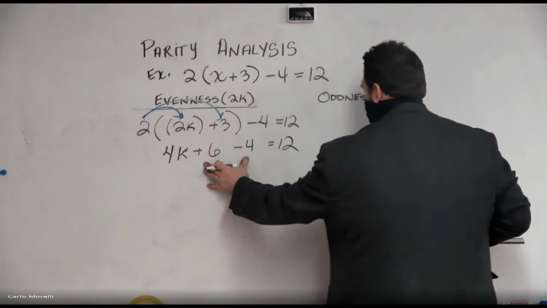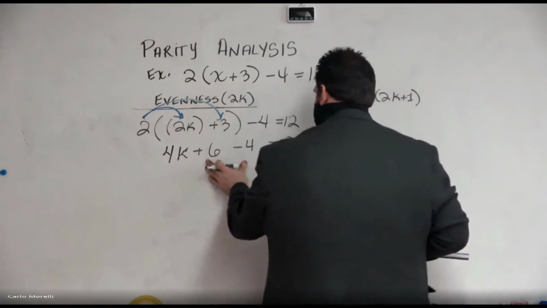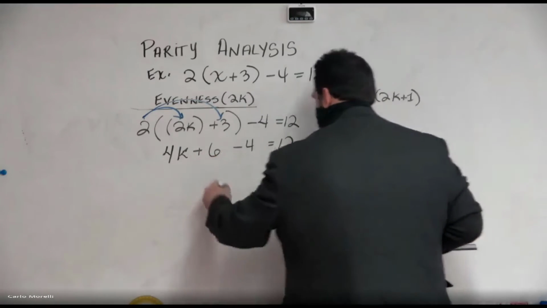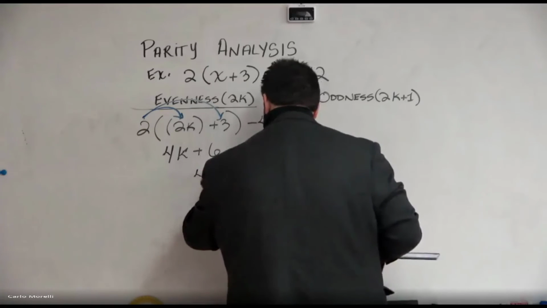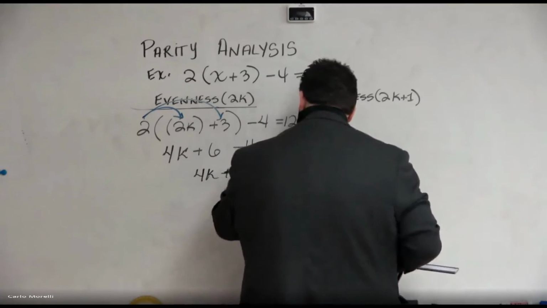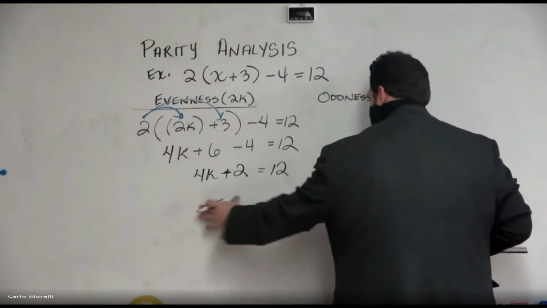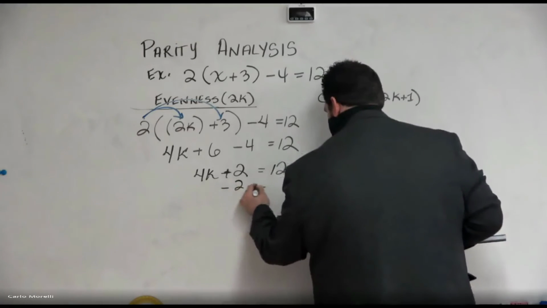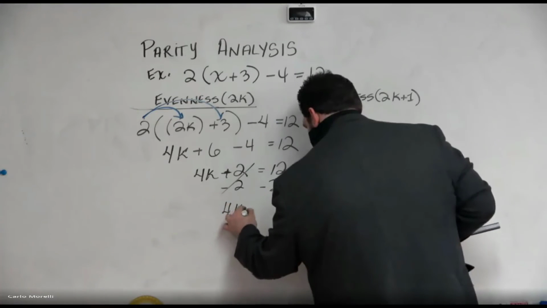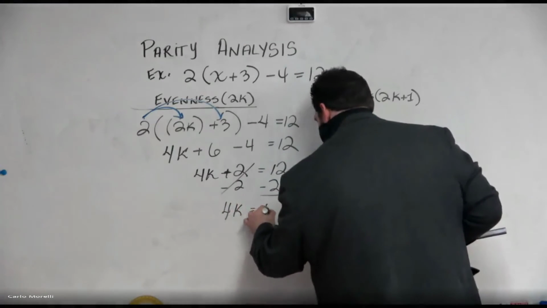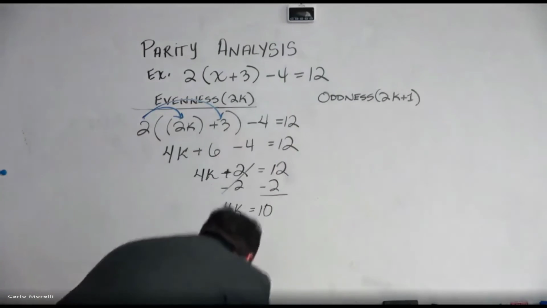Let's do 6 minus 4. What is that? 2. So it's 4k plus 2 equals 12. How do I solve for k? I subtract 2 on both sides. 4k equals 10. I can already hear the sense of failure.